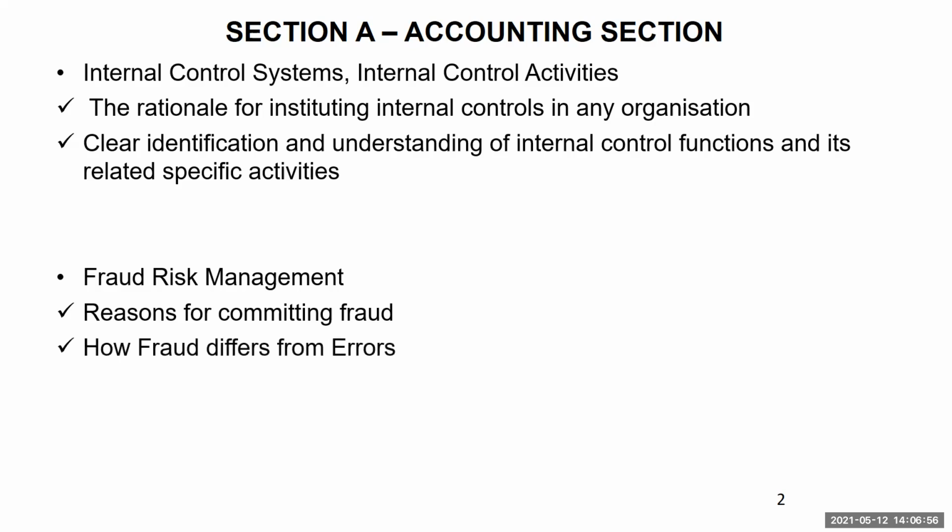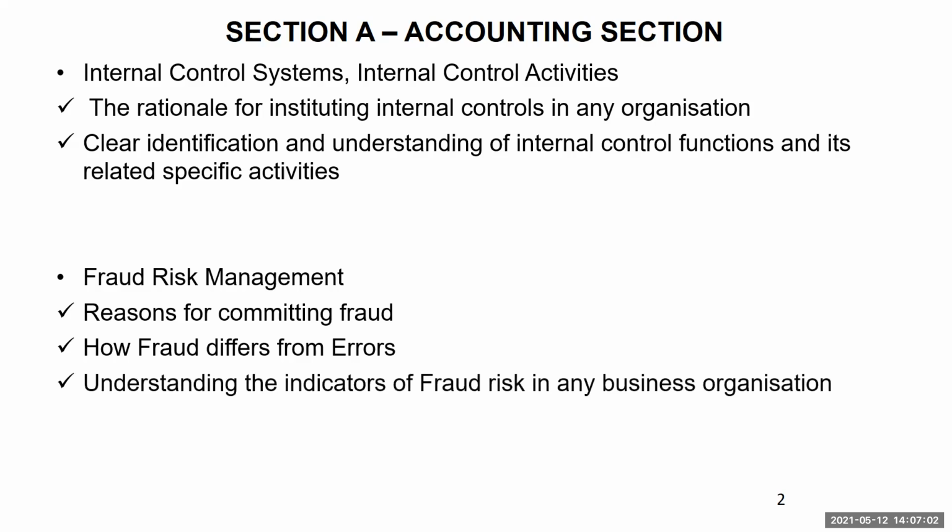What are the reasons for which people commit fraud? You remember the fraud triangle. How different is fraud from errors? One is intentional, one is not intentional. Understand the indicators of fraud risk in any business organization. These typical questions could hover around this. It's quite easy.